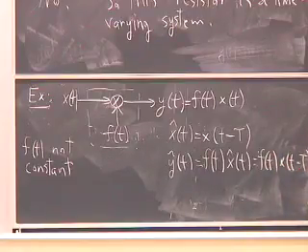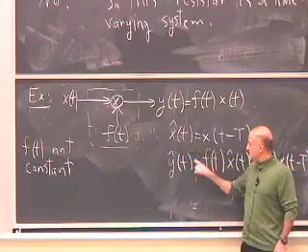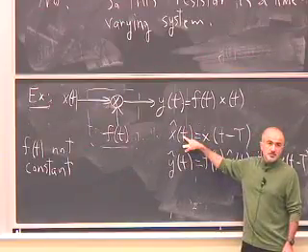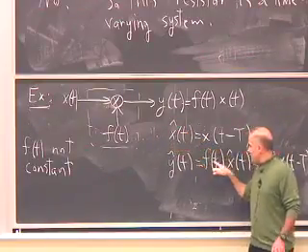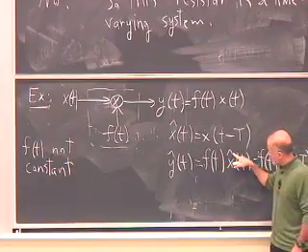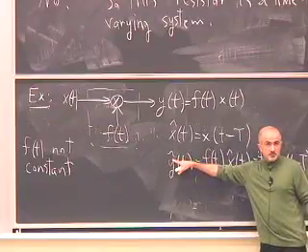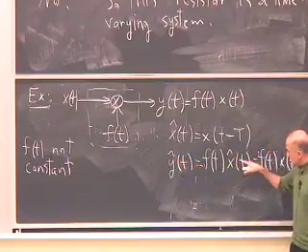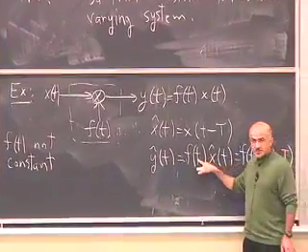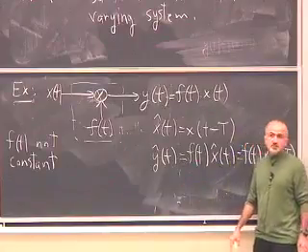The system doesn't care what you call the input signal. Whatever you call it, x or x hat, at any instance in time, it takes that signal at that instance and multiplies it by f at that instance. So whether I call this x and that y, or this x hat and that y hat, doesn't matter. The system takes whatever I give it at any instance, multiplies it by the instantaneous value of f, and produces the instantaneous value of the output.